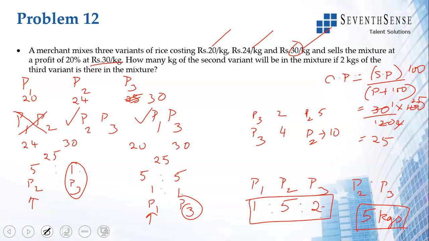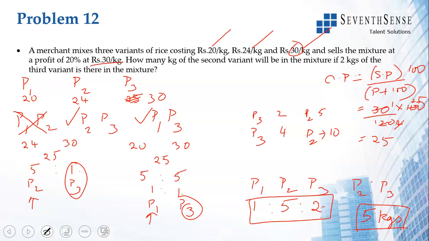When you find out the separate ratios, you find P2 P3 as 5:1, you find P1 P3 as 1:1, and since P3 is repeating, you add, here it is 1 and 1, so it gets added to 2. P1 is 1 and P2 is 5. Then they have said if 2 kgs of the third variant is there, what does it mean?